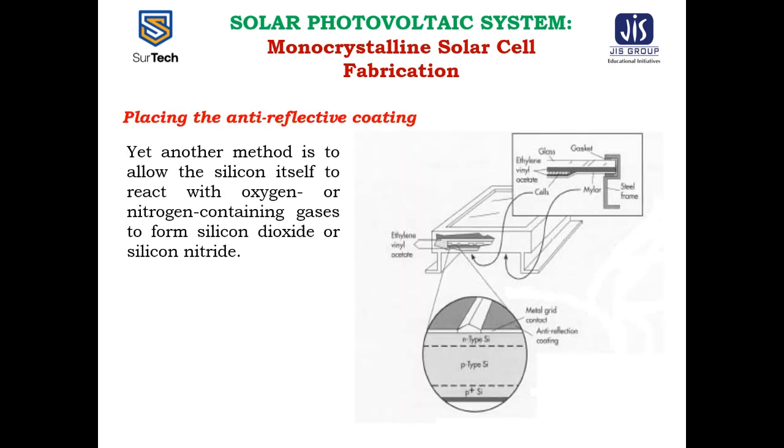Yet another method is to allow the silicon itself to react with oxygen or nitrogen containing gases to form silicon dioxide or silicon nitride. Commercial solar cell manufacturers use silicon nitride.